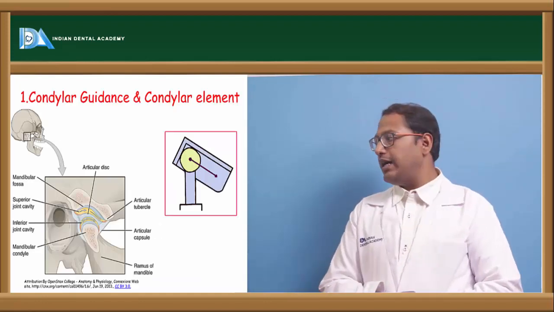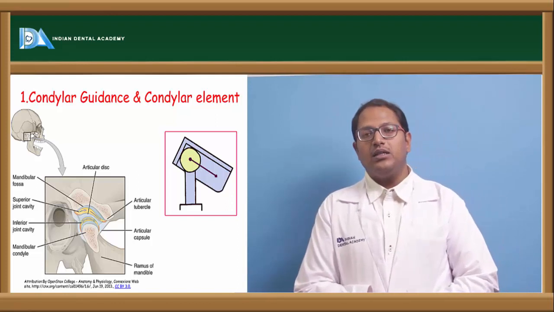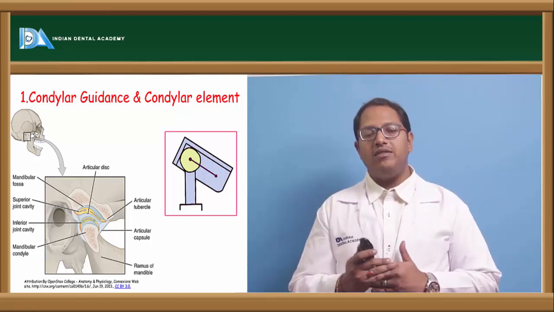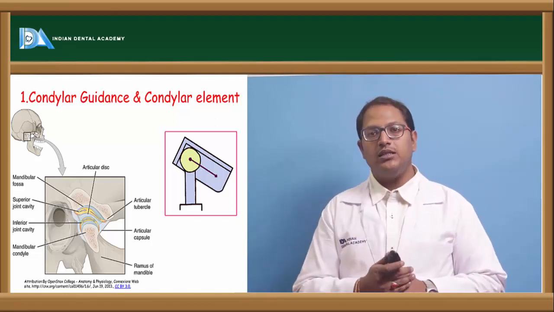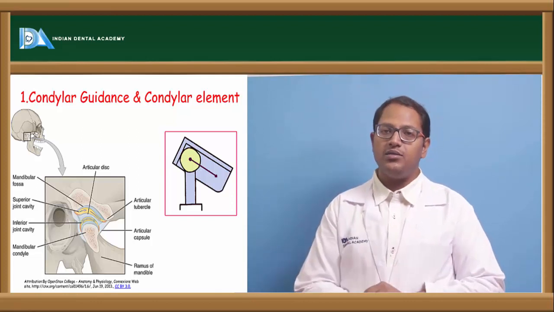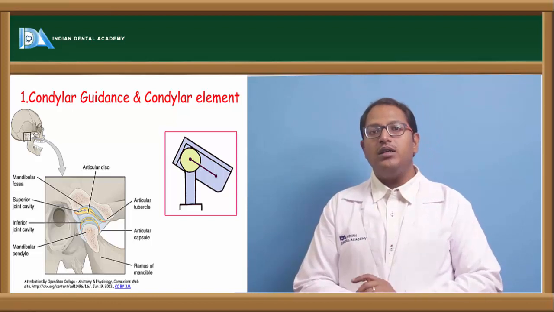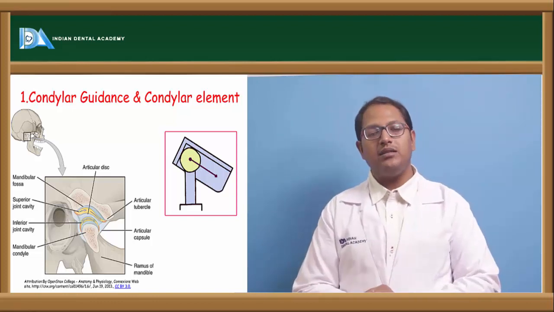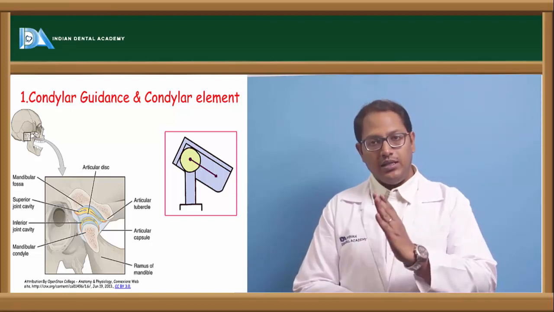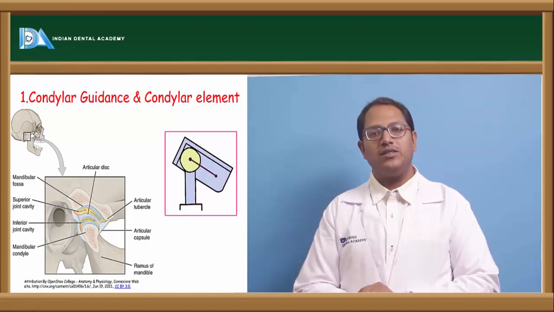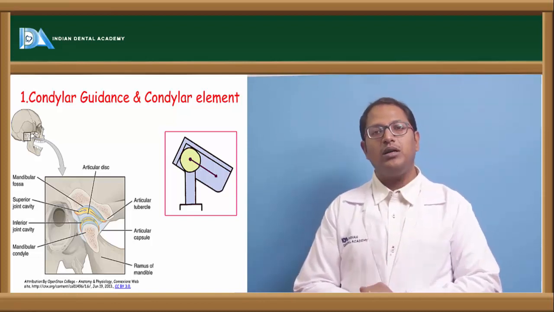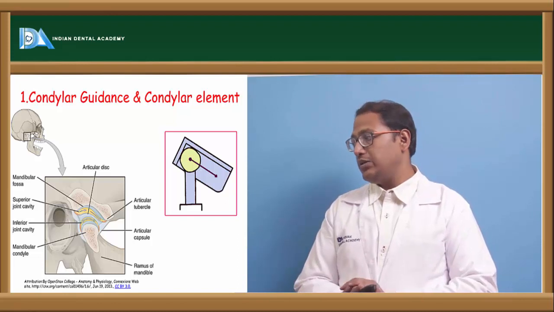What is condylar guidance and condylar element? How the condyle travels in the glenoid fossa, to simulate the same thing in an articulator, is known as the condylar guidance. The condyle is termed the condylar element in an articulator. The glenoid fossa path that it follows will be called the condylar pathway.